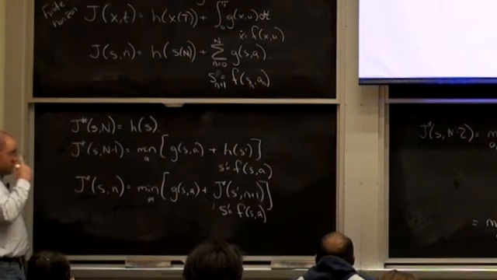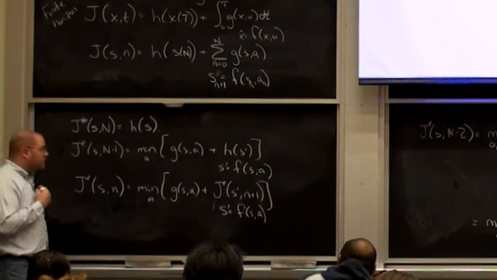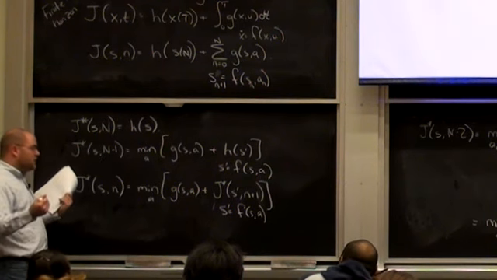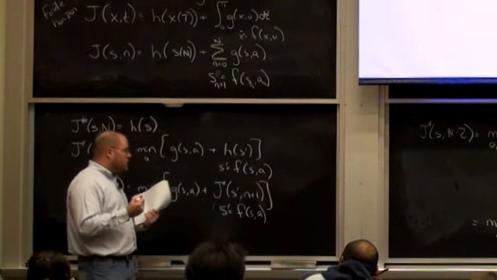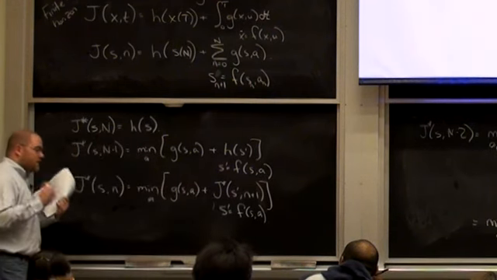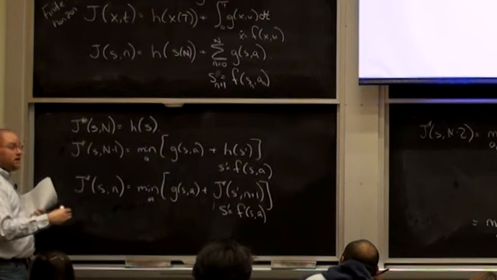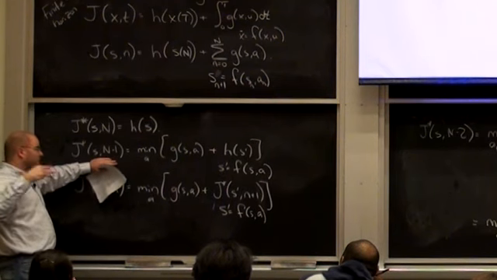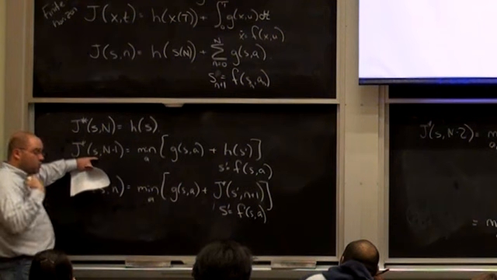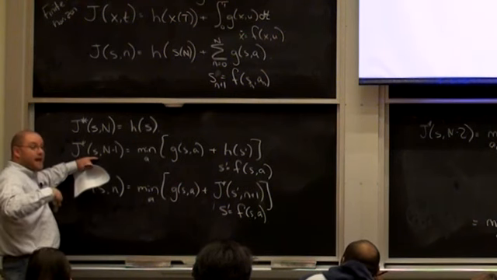Simultaneously, it's saying that I can compute the optimal cost to go. I know exactly how much cost I'm going to incur from any state, given I follow the optimal policy, if I just work backwards in time. And when I'm at time n minus 1, I don't have to think about the actions I was going to take beforehand, as long as I know what state I'm in, because that state encompasses every action I've taken in the past.